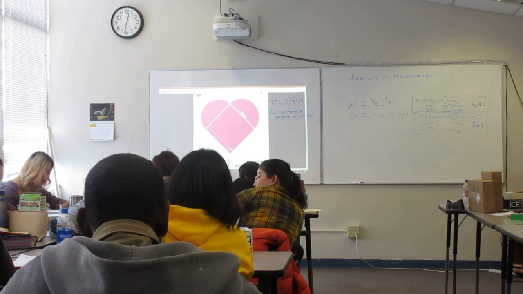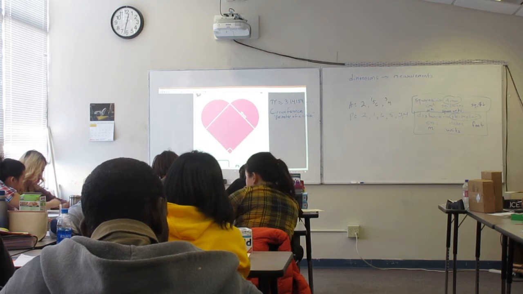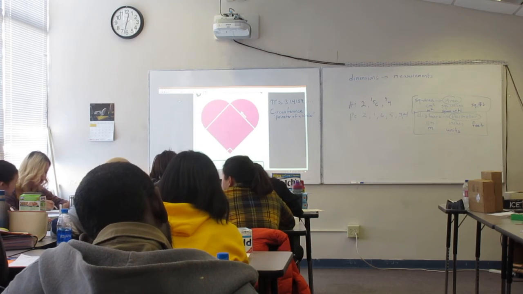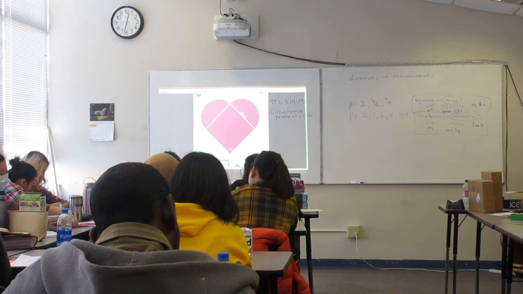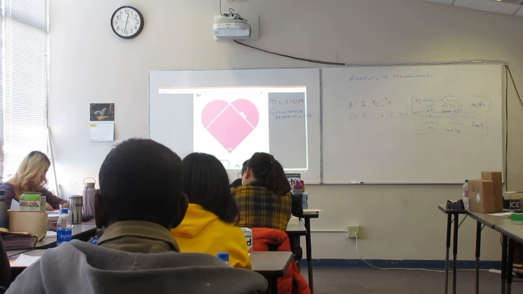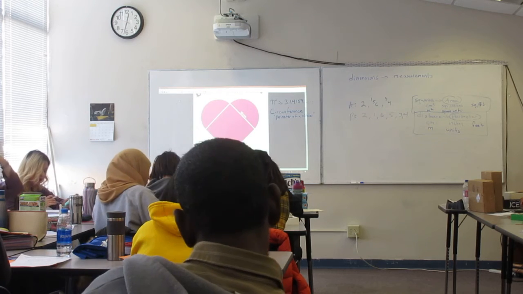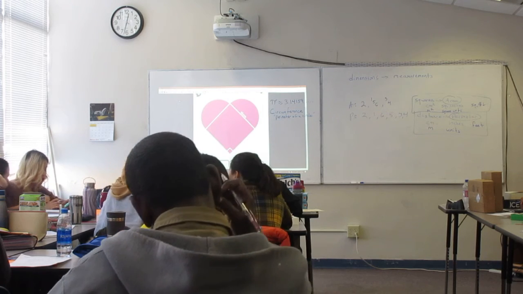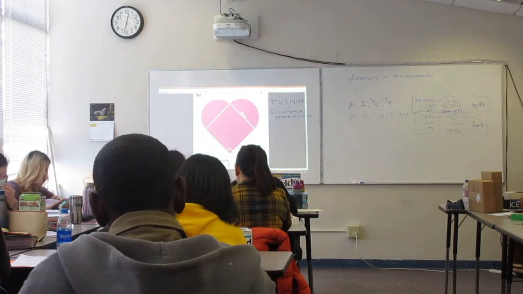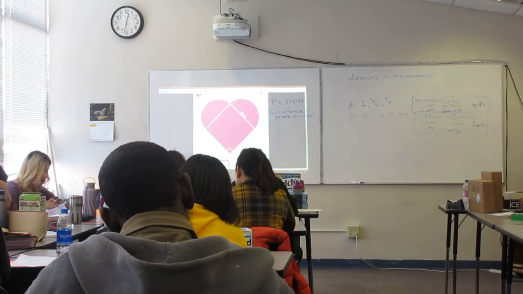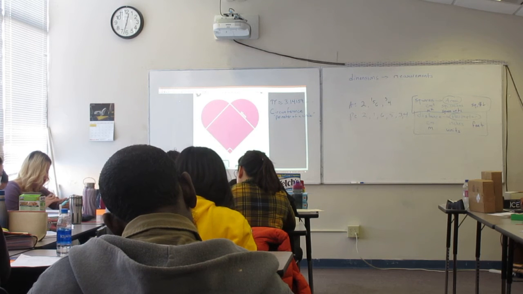Pi is the ratio between the perimeter and the diameter, which is the distance across the circle. So if you take the perimeter and divide by the diameter, you get the number pi for every circle.